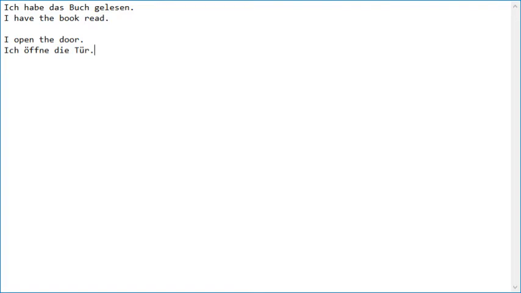A simple sentence with one single verb in it is just going to be a word for word translation. I just want to make sure that I actually wrote that correctly, that I've conjugated öffnen correctly.